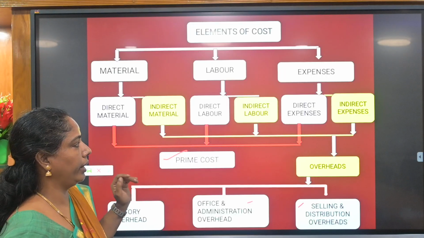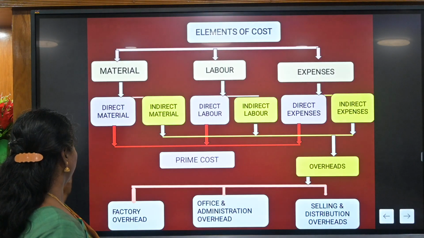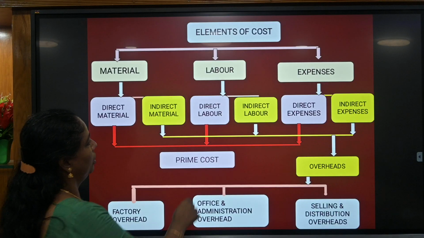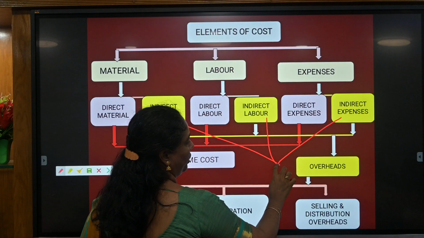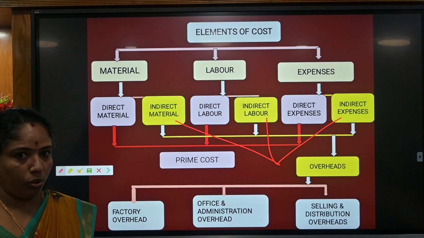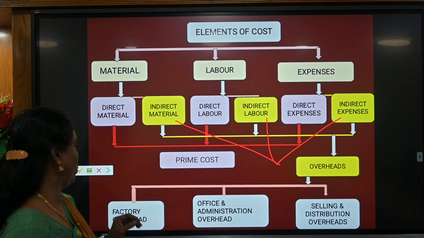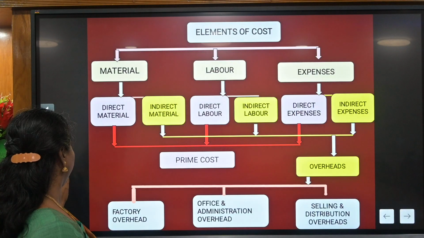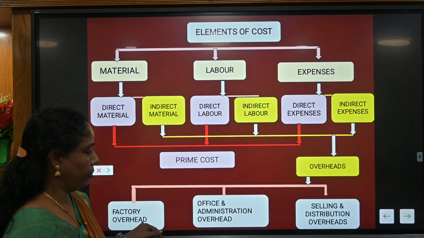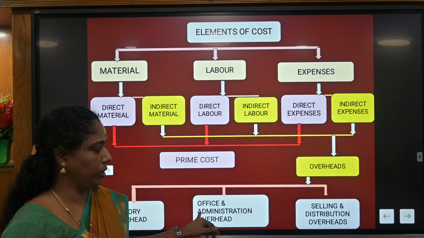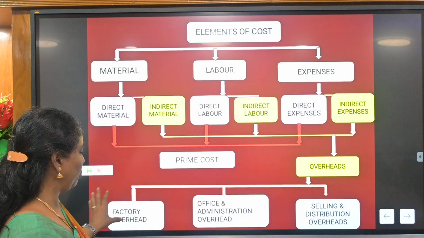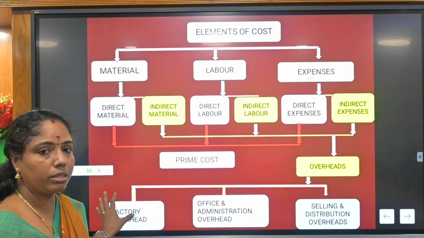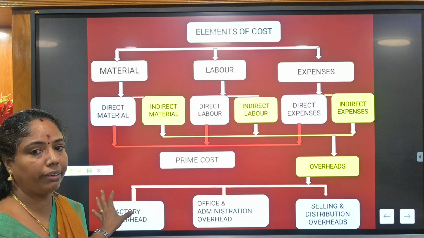Next comes indirect material, indirect labor and indirect expenses altogether, known as overheads. These overheads are further subdivided into factory overheads, office and administration overheads, and selling and distribution overheads. Factory overhead means the expenses incurred in the factory.